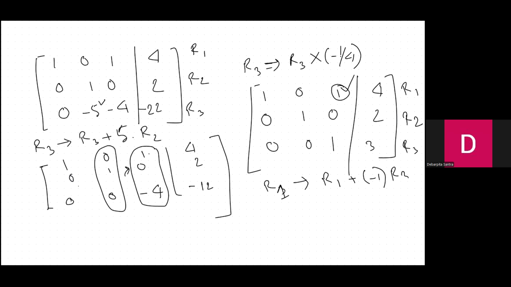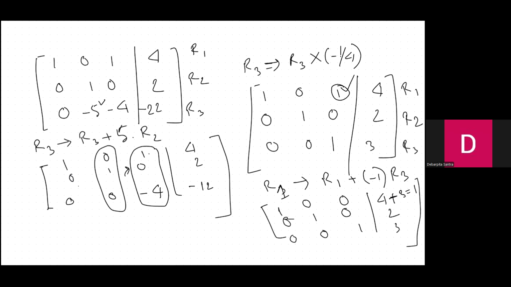So it will become 1, 0, 0. And it will become 4 plus minus 1 into 3. That means 4 minus 3, which is 1. The next thing will become 0, 1, 0. It is 2. And the last becomes 0, 0, 1. It is 3. So 1, 2, 3.